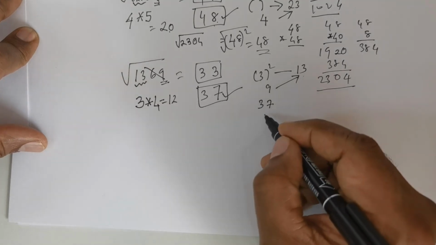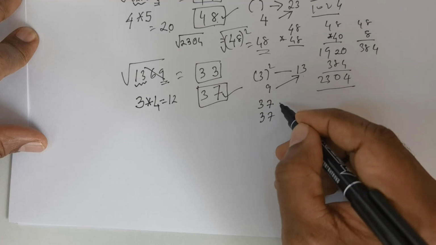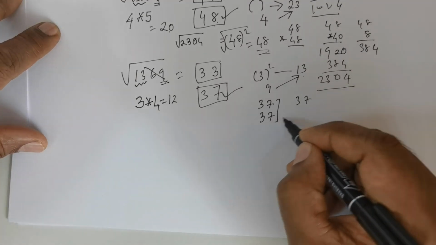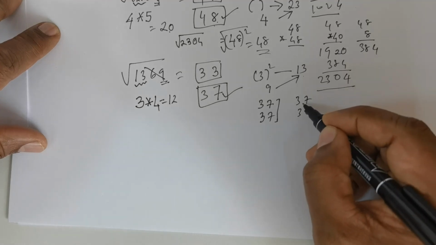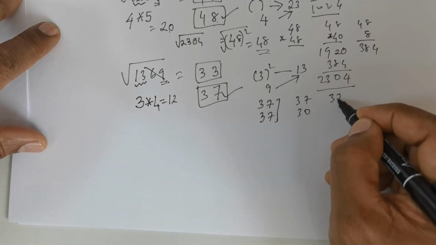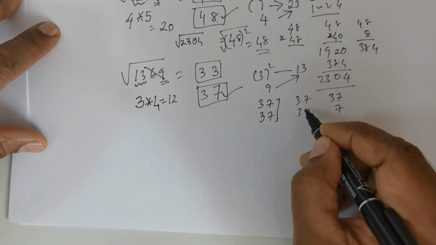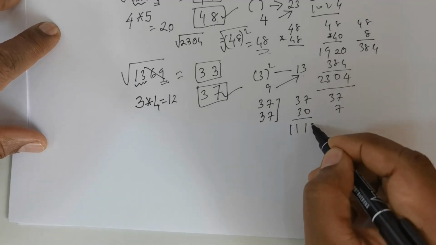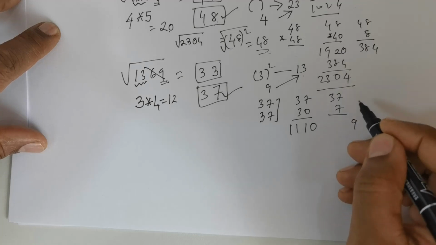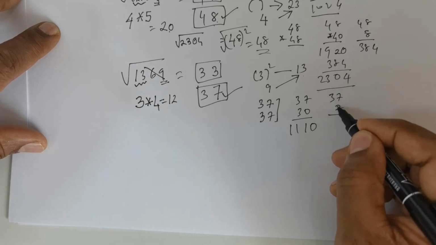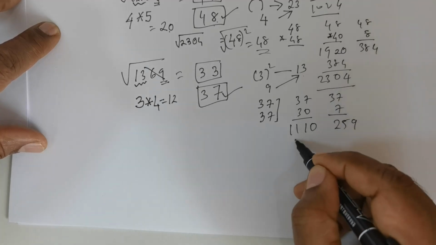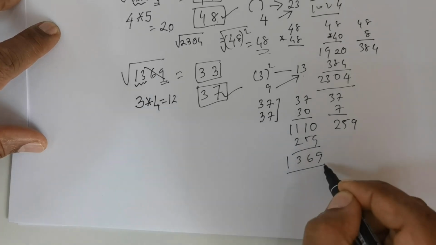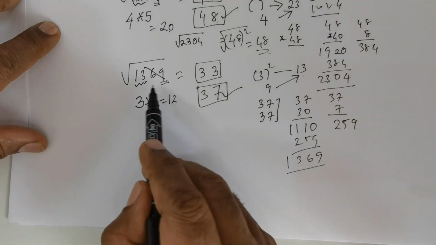So you just multiply 37 into 37. As I mentioned to you, if you want to check, you can use this multiplication, 37 into 30 and then 37 into 7. This is going to give you 21, 2, 9, 11, 0 and 49, 4. This one is 21 and 25. Add them: 9, 6, 3 and 1. 1369.